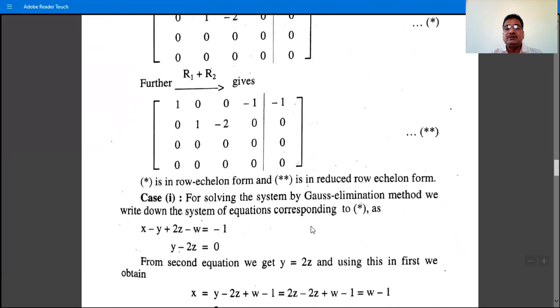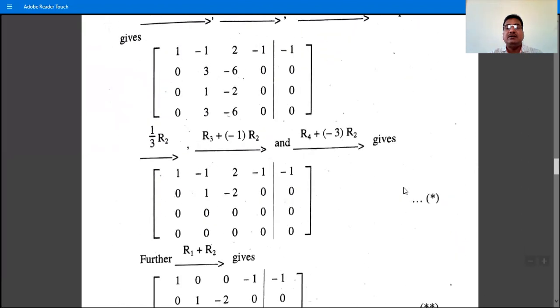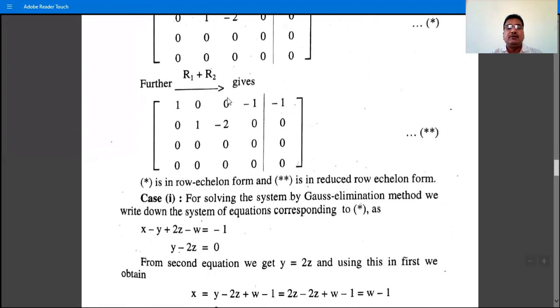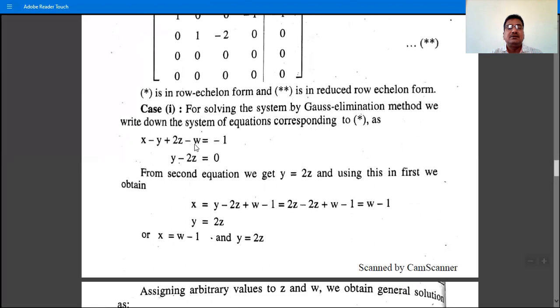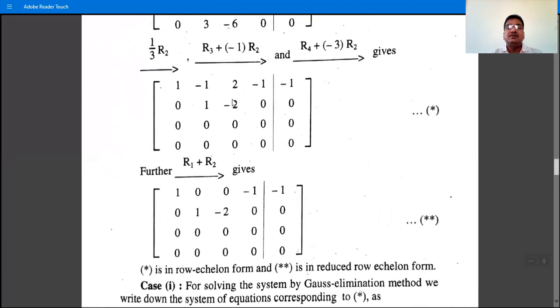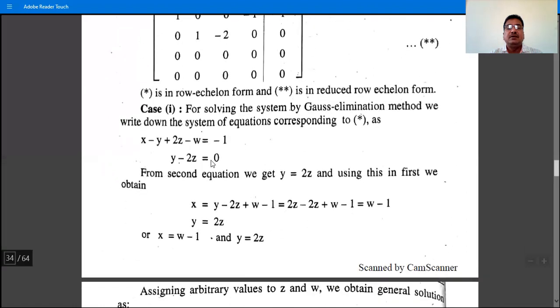If you have to solve the system by Gauss elimination method, then use this echelon form and rewrite the equations. So we have 2 equations: x minus y plus 2z minus w is equal to minus 1, and y minus 2z is equal to 0. We have 2 equations and 4 unknowns.